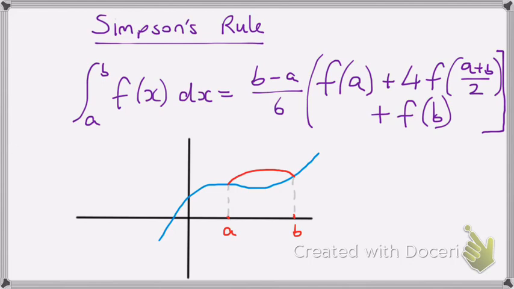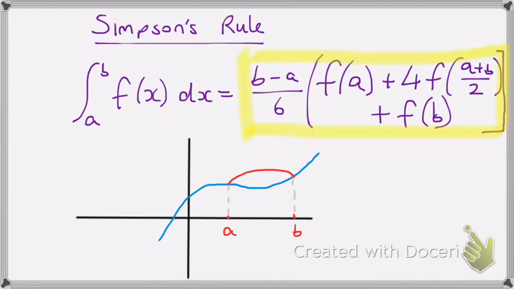Most of the time Simpson's rule is more accurate than the trapezoidal rule, and in fact when it's a parabola it's perfectly accurate. It's the exact answer, and you'd hope it would be more accurate because if you look at the formula, which is here, and compare that to the trapezoidal rule formula, it's much more complicated.